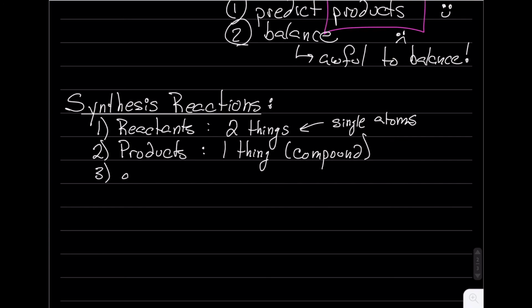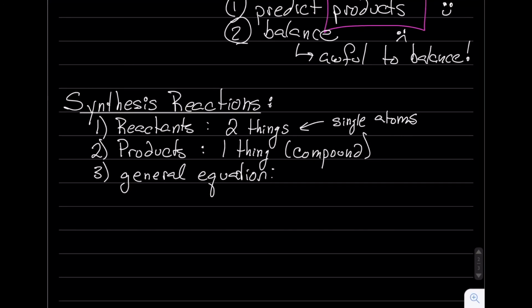Let's see. Next is the general equation. So our general equation for a synthesis reaction is A plus B, so two single things, producing the product AB.